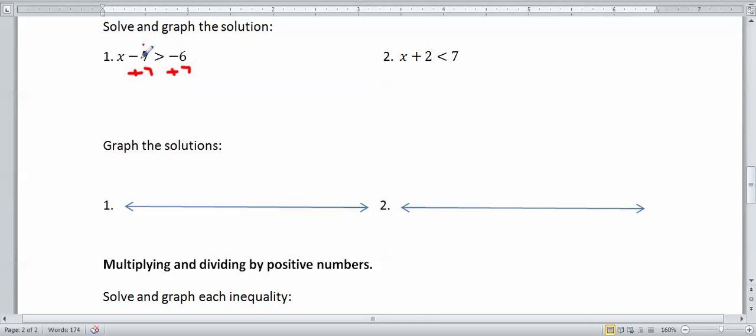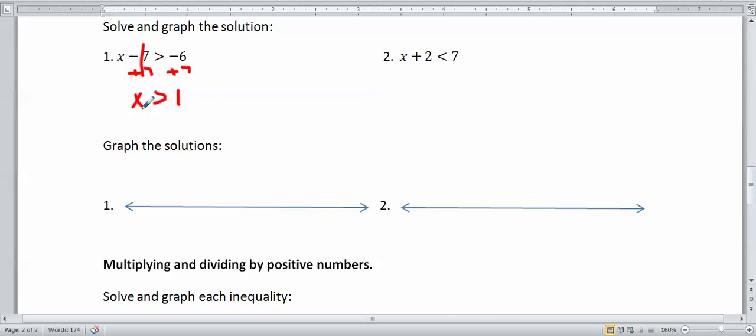So that drops out on this side, and then x is left greater than negative 6 plus 7. My sign carries down. I don't change the sign yet. So x is greater than 1. I have solved. x is by itself. The answer is, for every x greater than 1, this side over here is greater than negative 6.